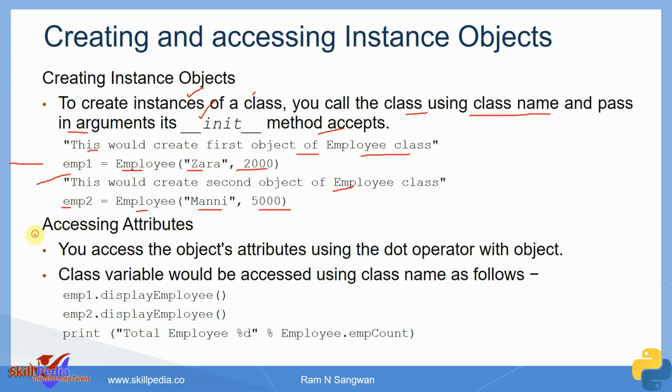You can access the object's attributes using the dot operator, as we discussed earlier. So emp1.displayEmployee(), emp2.displayEmployee(), and we can see the count also: total employees, Employee.empCount. So empCount is a variable or attribute, Employee is the class, so we are displaying the count of those employees.